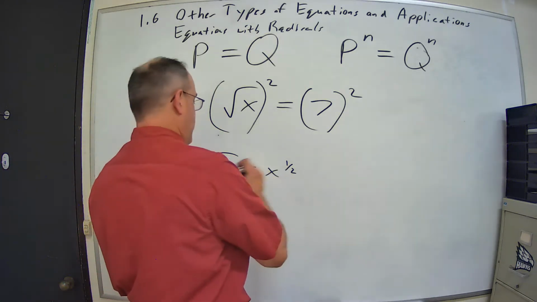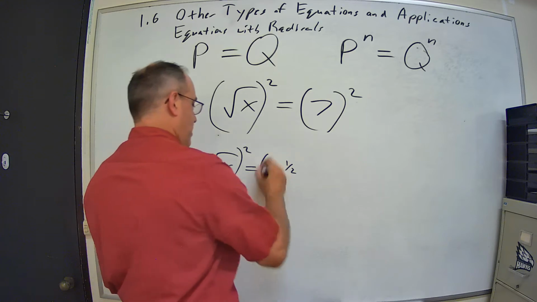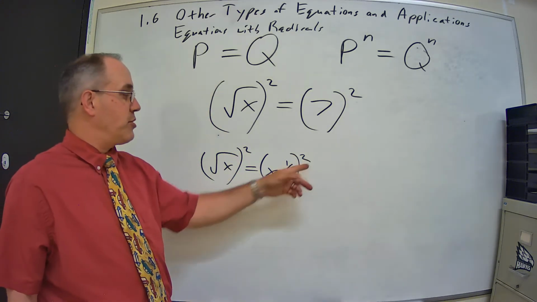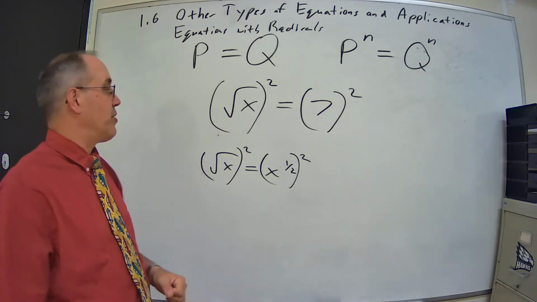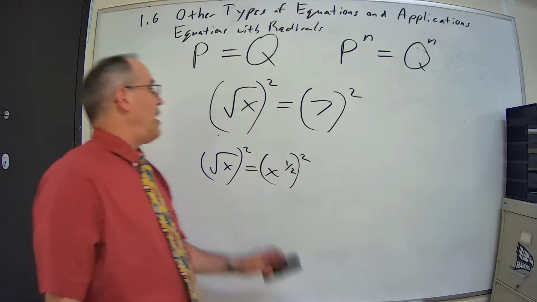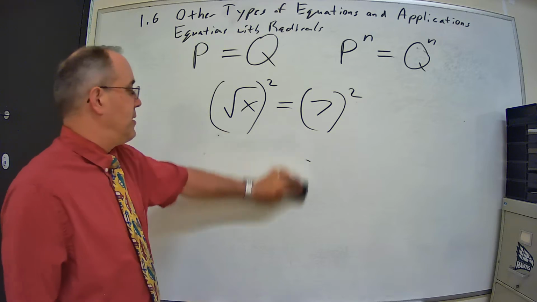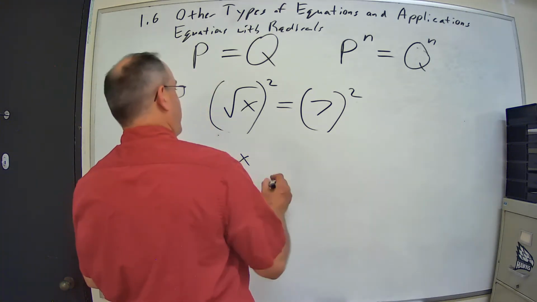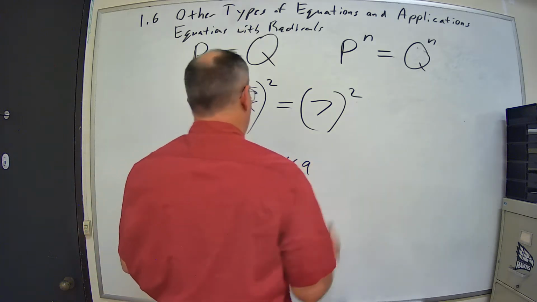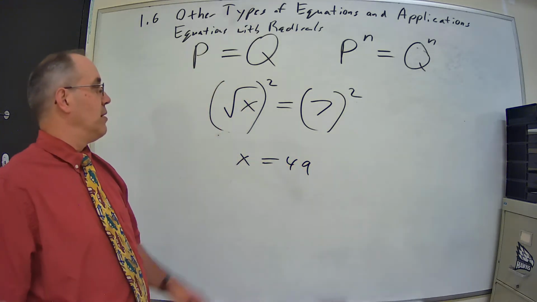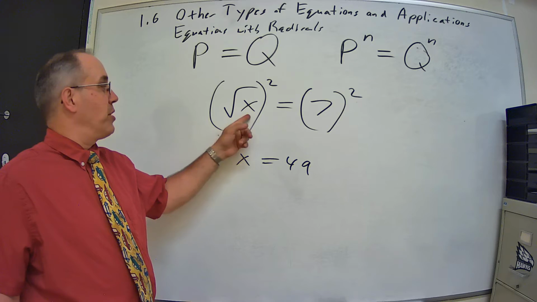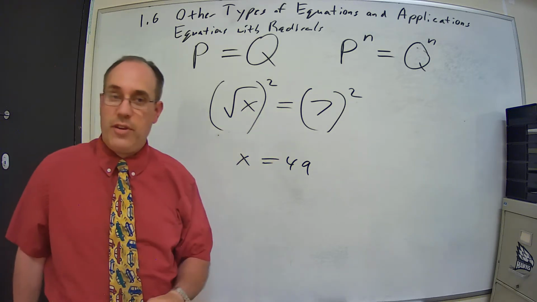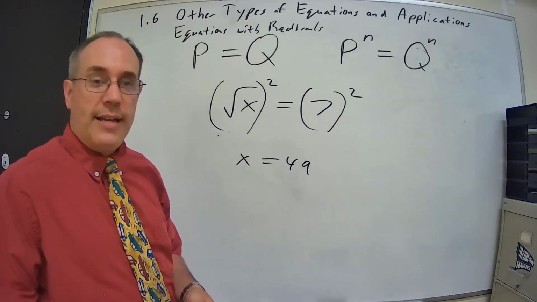So if I raise that to the second power, our power rule tells us 1/2 times 2 is 1, we just made it x, right? So that allows us to get rid of that radical. And we would end up with x is equal to 49. And that does work. If I plug in 49 for x, the square root of 49 is 7. So that works. So that's the basic idea.